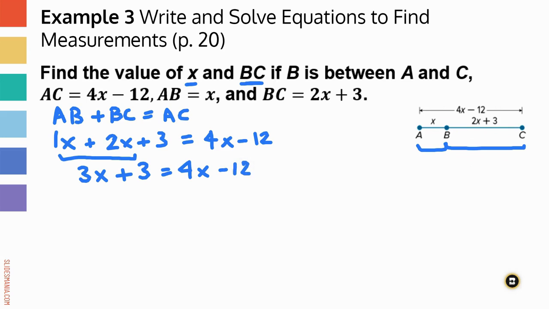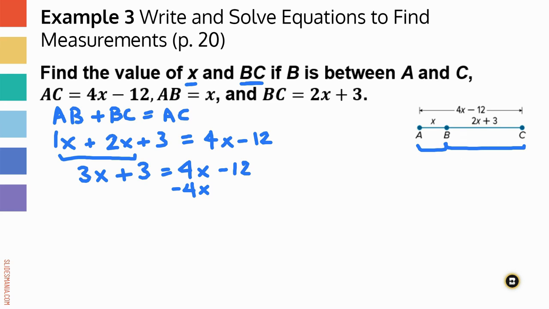Okay, so now I'm going to try to get variables on one side and the constant terms on the other side. So I always like to move my variables to the left side, but you can do it the other way around too. But I'm going to subtract 4x. And I know that your book has fill in the blanks, and I just cannot do that for solving equations that way. So if you want to fill in the blanks, feel free to.